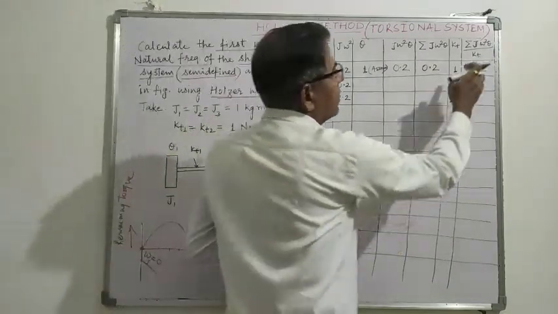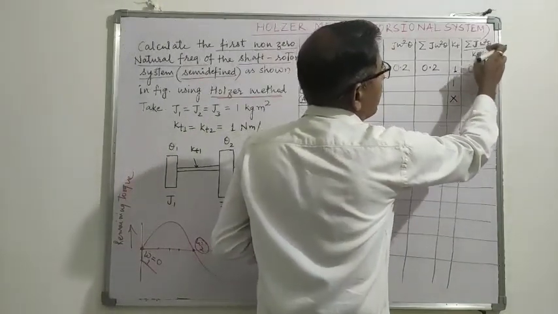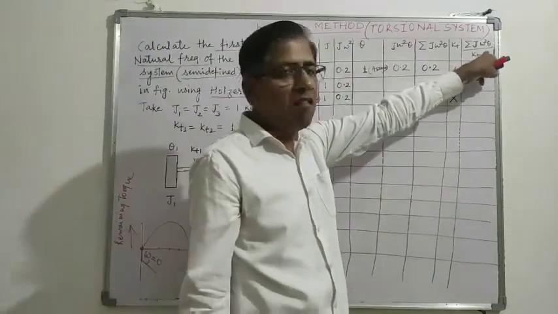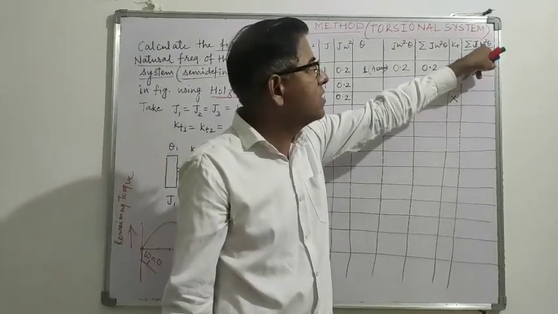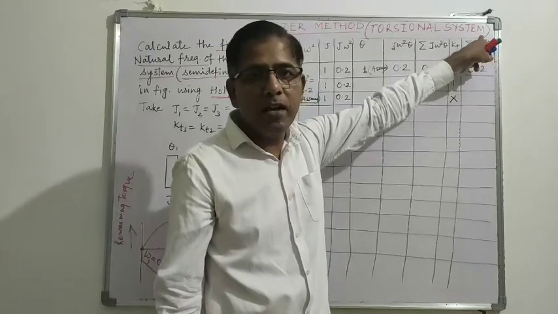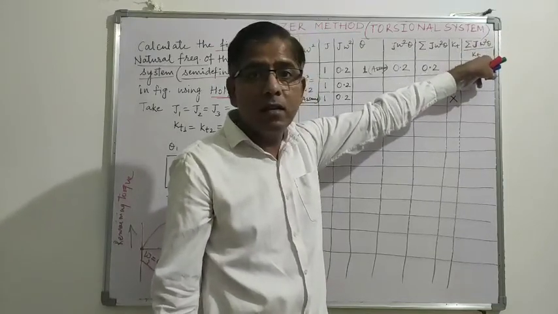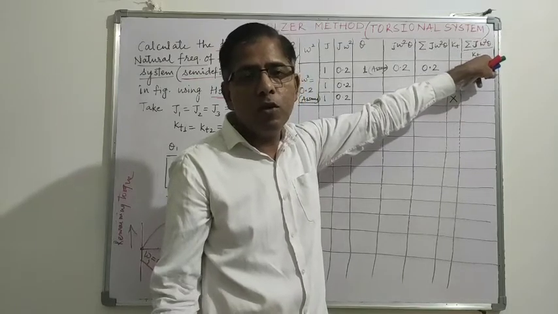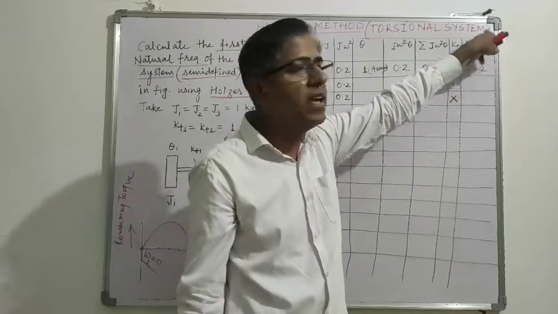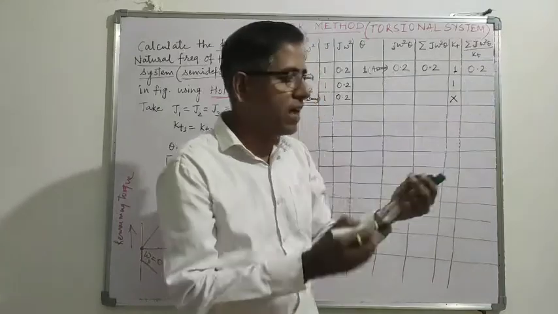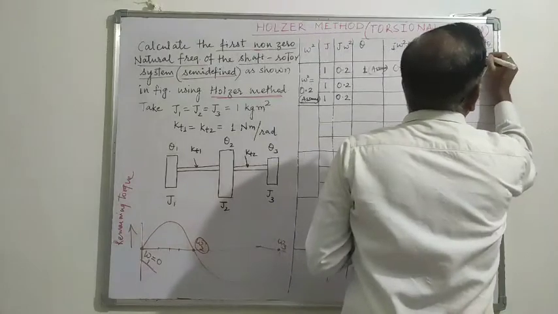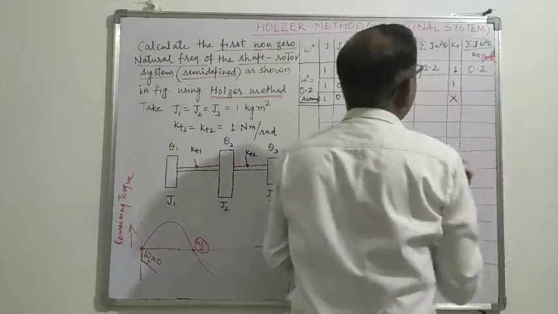Now this summation of J omega square theta upon KT is the value of an angle, because this is the summation of torque. So in the numerator there is torque, in the denominator there is stiffness. Stiffness is nothing but torque upon theta, so torque and torque will cancel. So basically this term is an angle term.